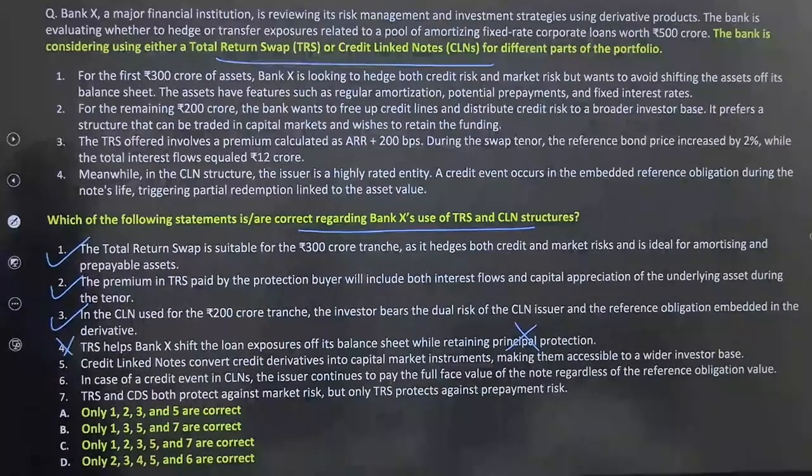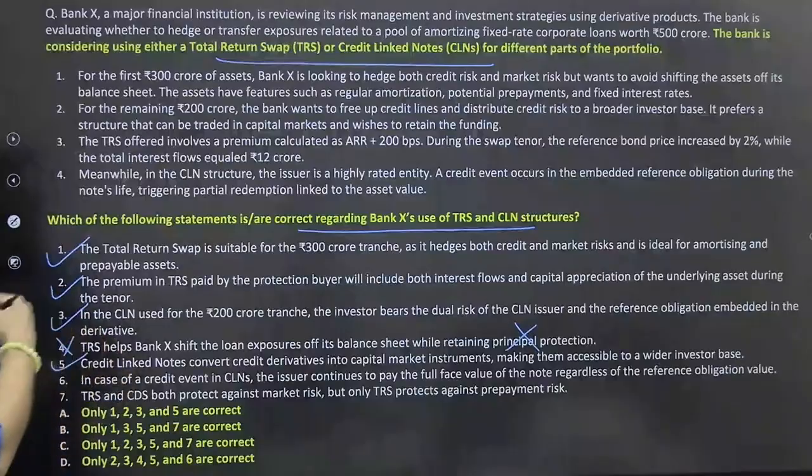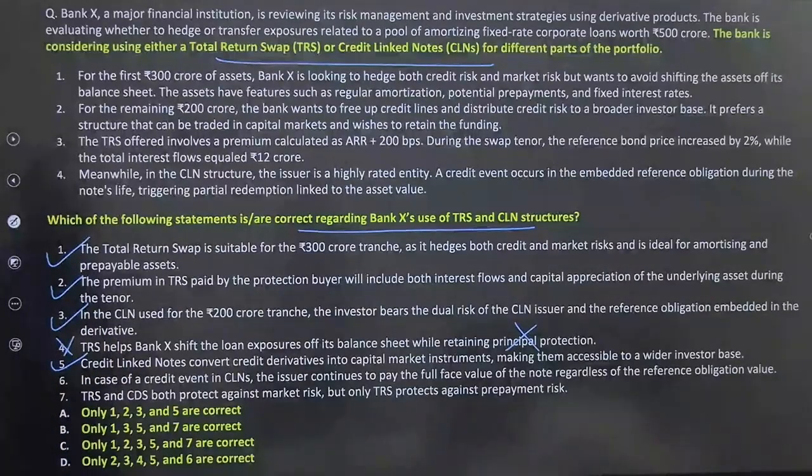Credit linked note converts credit derivative into capital market instruments, making them accessible to a wider investor base and more liquid. True. In case of a credit event in the CLN, the issuer continues to pay the full face value of the note regardless of the reference obligation value.